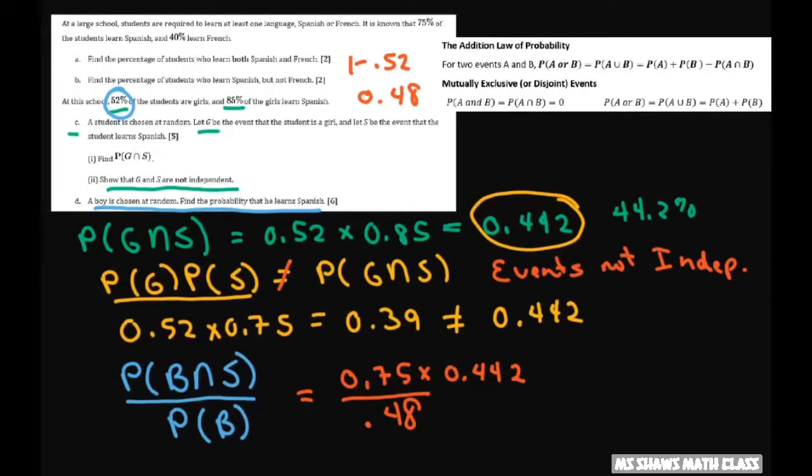And that's going to give you 0.308. Then divide that by 0.48, and that gives you 0.642. So if you're talking about percent, that would be 64.2%. And that's it.